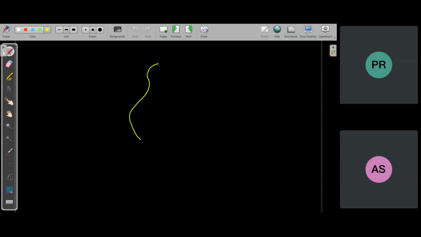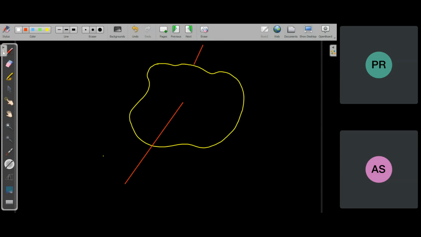Which direction will you take? A body is there, and this is the axis. Imagine the axis going perpendicular like this, and the body is rotating about the axis.